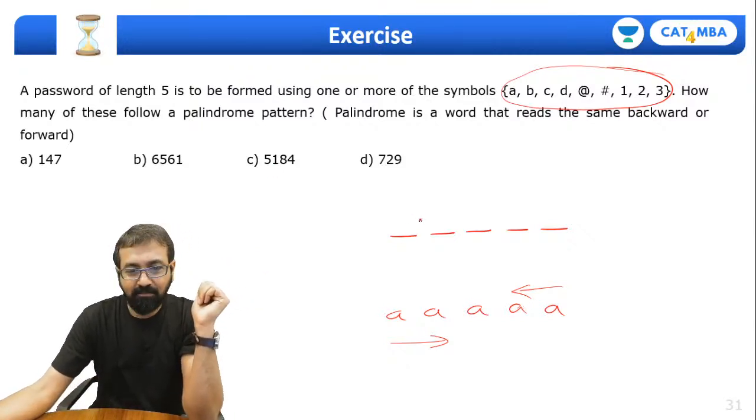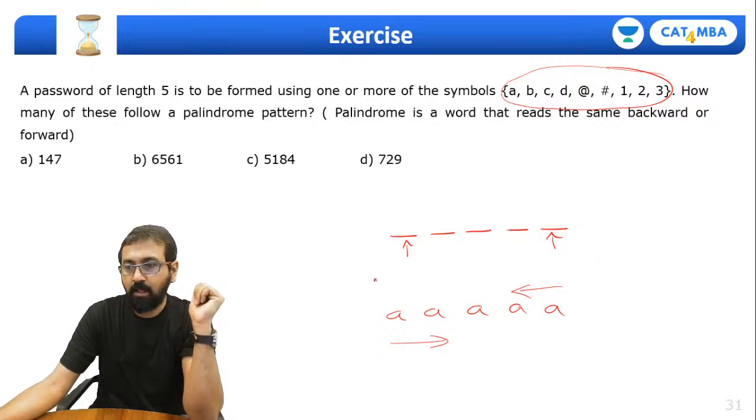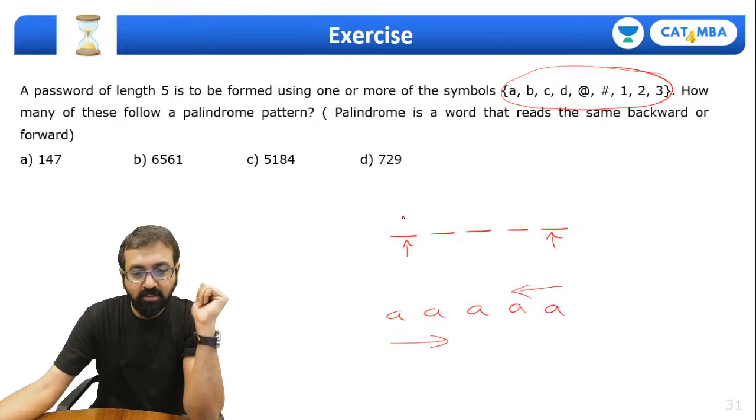Can I say whatever I choose over here, I'll have to use the same character over here? Guys, so this can be filled in 9 ways, or we can think of it this way, these 2 together can be filled in 9 ways.